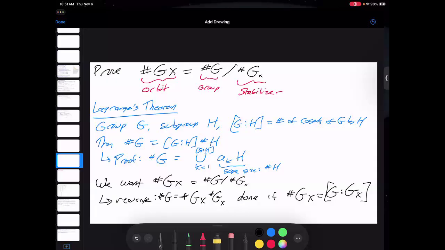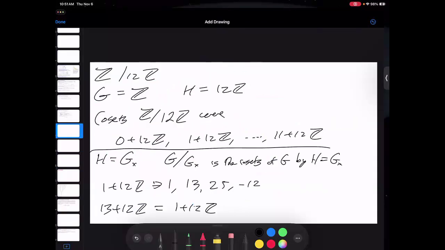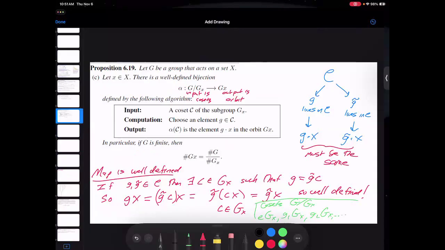And so the only thing we're left with showing is that the cardinality of the orbit is equal to the number of cosets. So if you look at what's going on here, we have a map from the cosets to the orbit. If we can just show that two different cosets go to different elements in the orbit, and everything in the orbit is hit, then we'd be done.